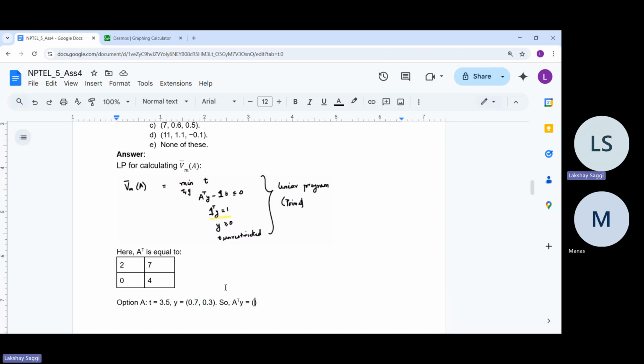So Manas, would you like to point out what will be the value of A transpose Y? It's fine even if there is a mistake or anything. I would just like you to try it out.